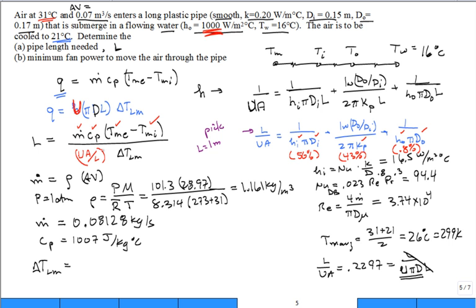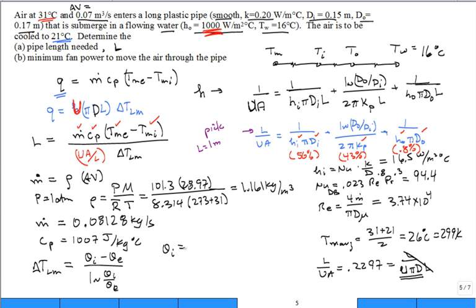So the total length, let me try and fit it in right here. Did I calculate the log mean temperature difference? I don't think I did. Let's go ahead and calculate it. To calculate the log mean temperature difference, think about the theta on the inlet minus the theta on the exit, divided by the natural log of theta inlet over theta exit.